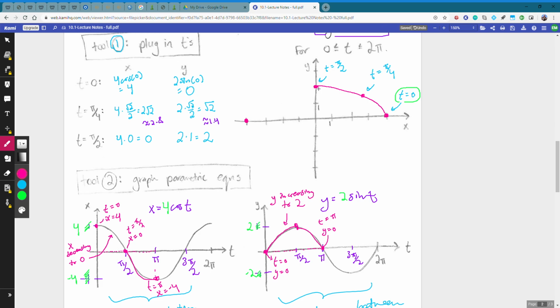And again, from our point here, x is steadily decreasing and y is steadily decreasing. And so we're going to get something that looks like that. All right, and so again, here on the left, this is the point that we get at time pi.